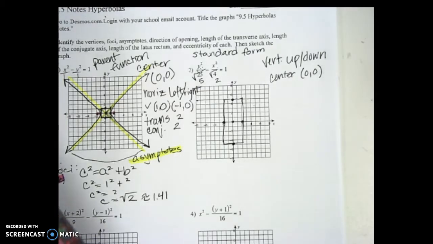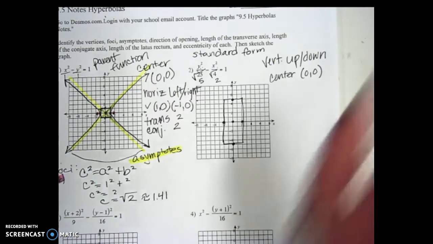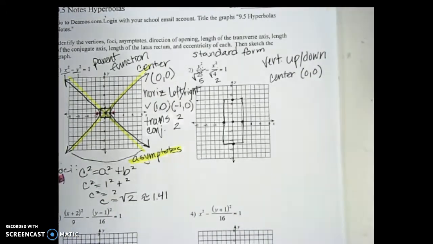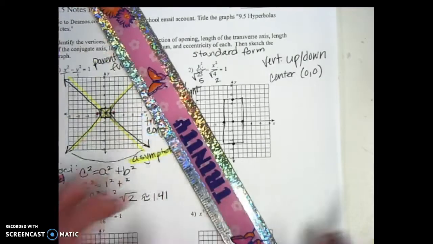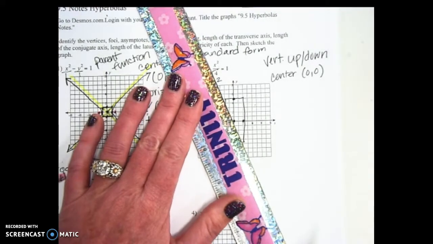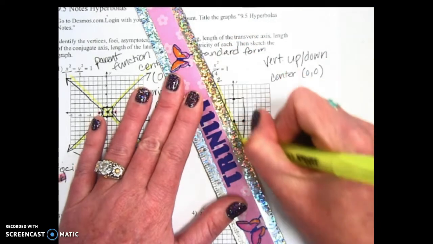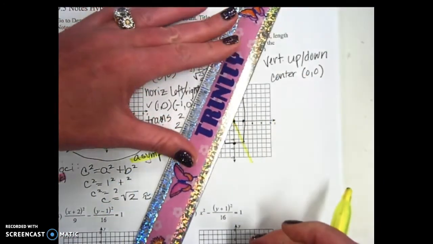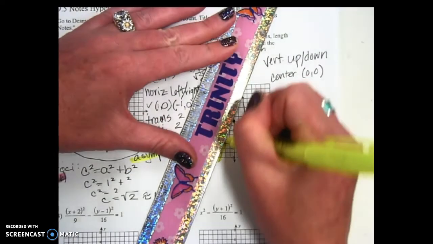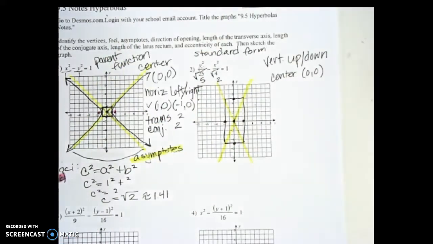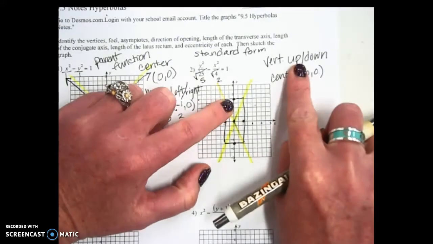Now I'm going to draw in my asymptotes using a highlighter. Okay, the asymptotes, remember, are your guide. So go from opposite vertice to opposite vertice. And then get the other one as well, so you make a big X. Those are just the guides for the hyperbola. So now you're going to use this point because it's going to open up and down.